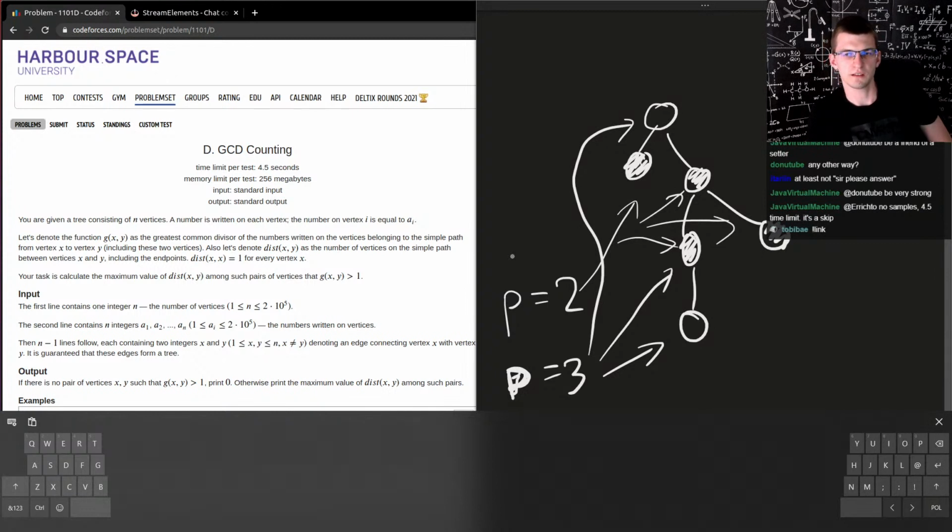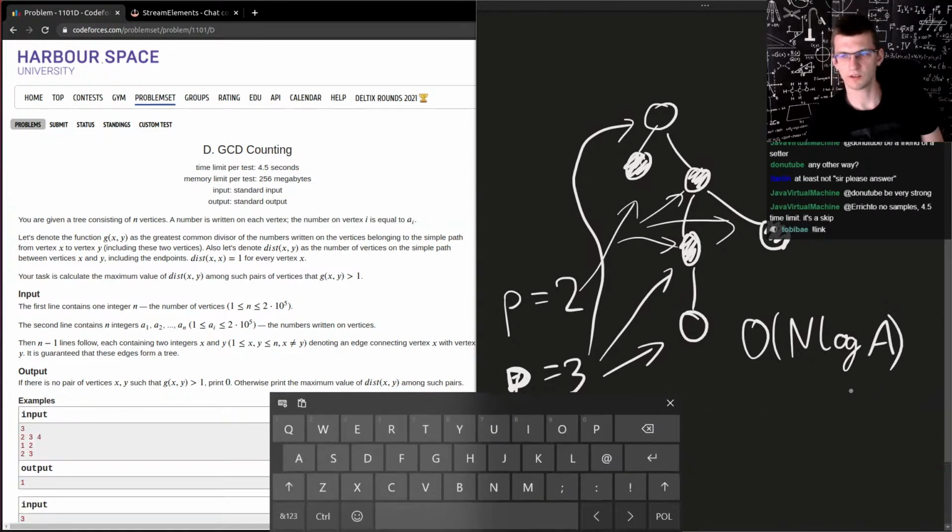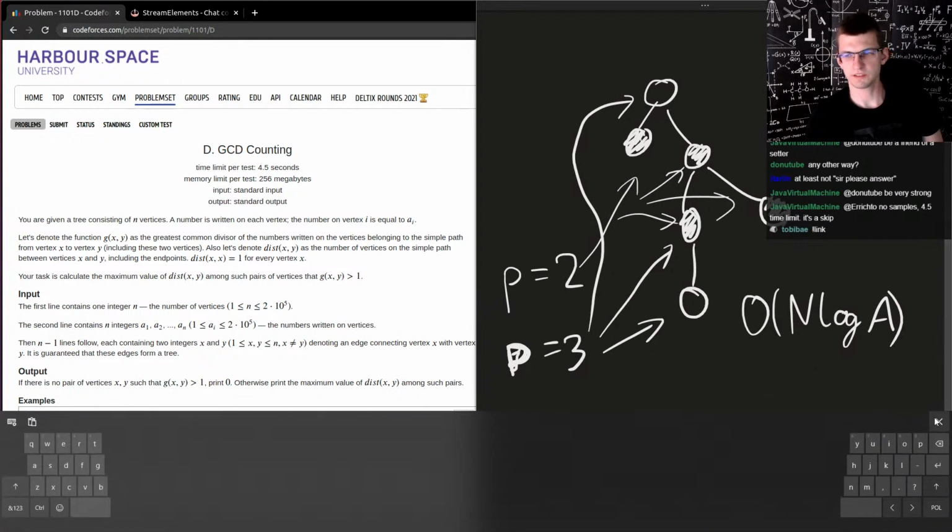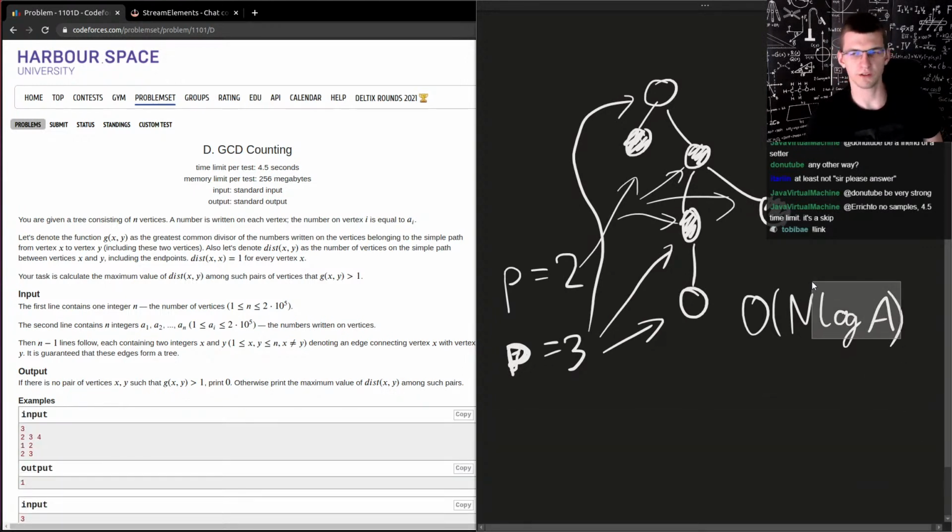If for every prime I go through all vertices divisible by that prime, the total complexity will not exceed n log n, or actually n log v, where v is the limit for values. Values are a_i, so log of a, because every number is divisible only by log of a primes. That's the total complexity we're aiming at. And now we're looking at a particular set of vertices.